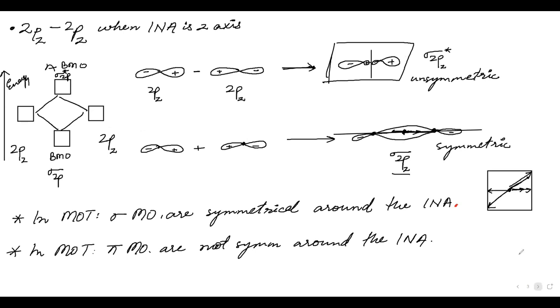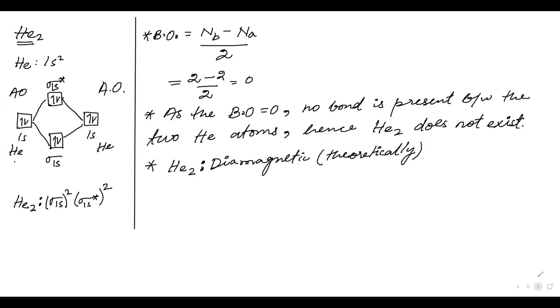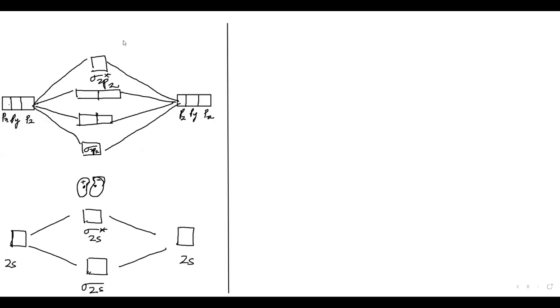Okay. Now what happens here is, we have this sigma 2s. Wait a second, this is the sigma 2s, not sigma star 2s, sigma 2s. How will sigma 2s look?